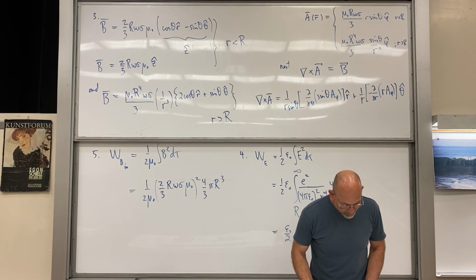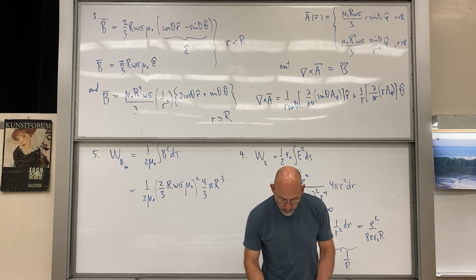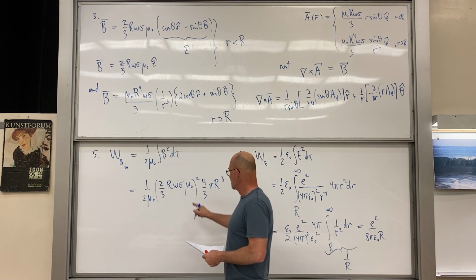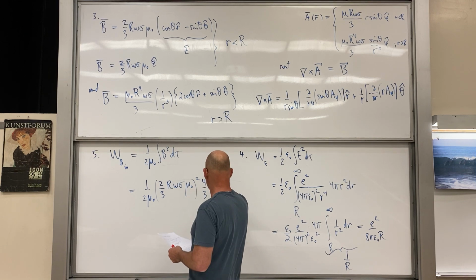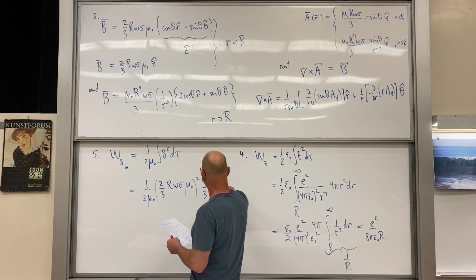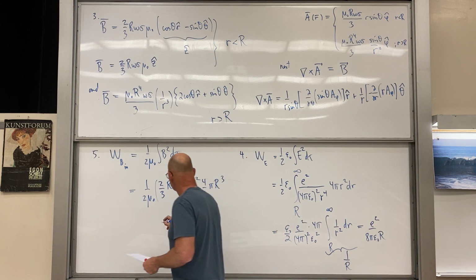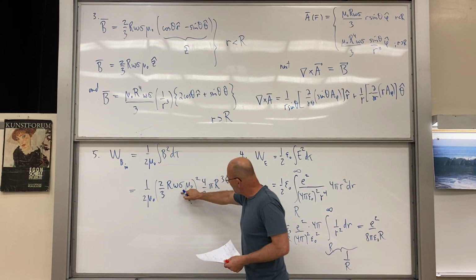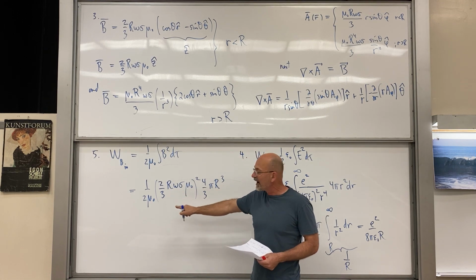So what does that give us? Mu naught squared e squared omega squared r cubed. Wait, I'm going to substitute the sigma in here as well. So when I do the sigma, I'm going to have the e over 4 pi epsilon naught r squared.